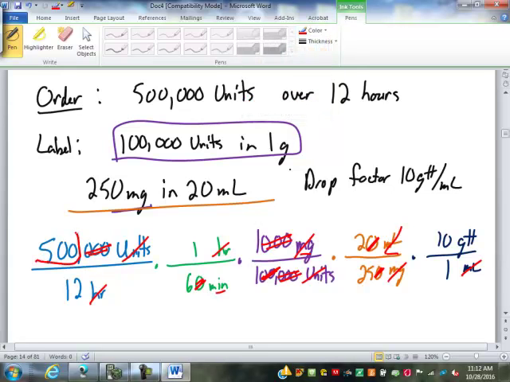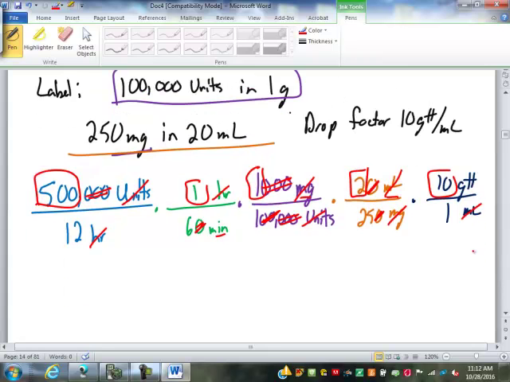So we've got 500 here times 1 times 1 times 2 times 10. So that's 1,000. That's 10,000 drops. Then bottom at 12 times 6 times 25 times 1.